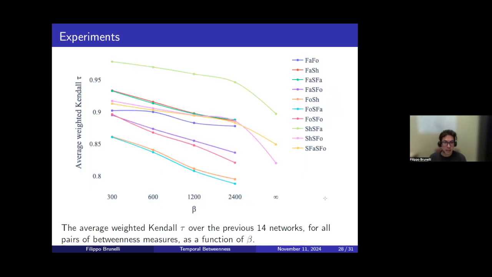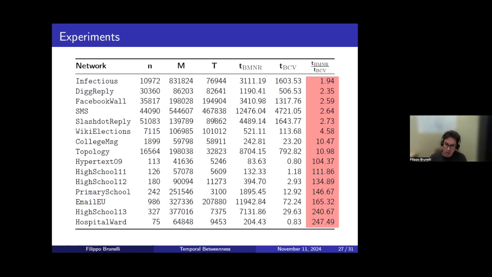And then here, on the same type of networks, in order to compare ourselves with the previous result, we have to consider shortest walks and no waiting constraints, because that was the setting for this algorithm in the literature.